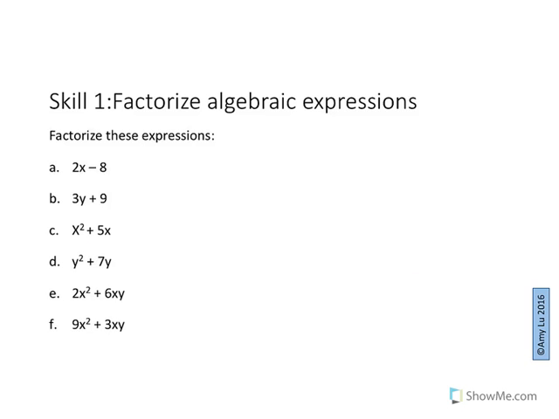So go ahead and pause the video and give these a shot. Once you get used to these, you can pretty much do these mentally and quite quickly. So in A, they both have a common factor of 2, so what's left over is x minus 4.